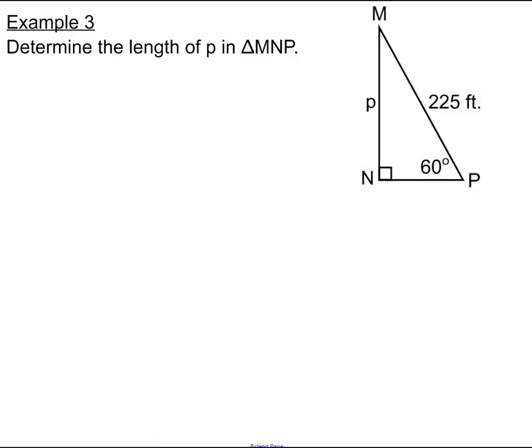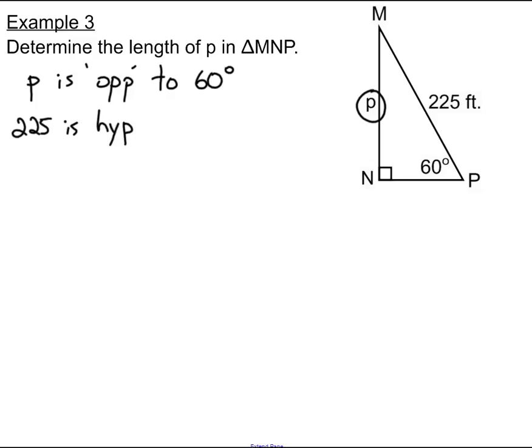Okay, so for this one, we're trying to find the length of P, and this would be the height of the triangle. I'm going to be even less explicit here, and I'm just going to outline the general steps. We know that P is, again, opposite to 60 degrees. 225 is the hypotenuse, and then with those two sides, use the sine ratio.